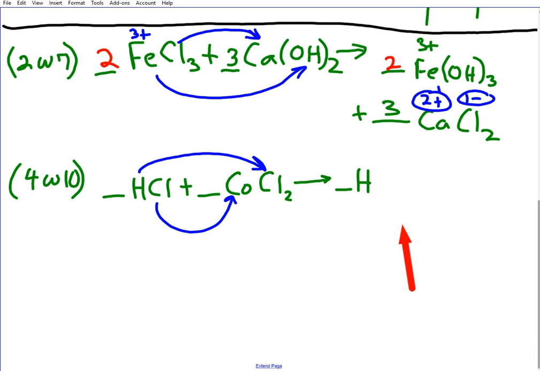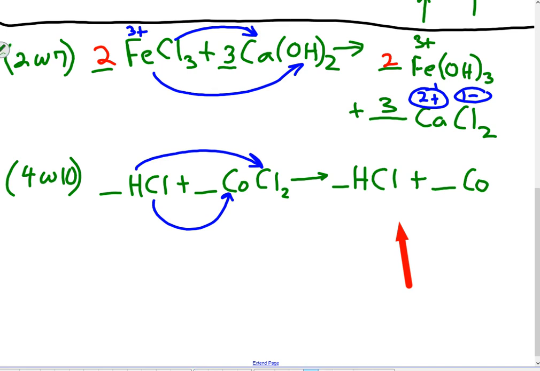Hydrogen goes with chlorine on the other side. And it also has a 1- charge. So that's going to fit there just fine. And now we do the second one. And instead of hydrogen, we're going to start with cobalt. And cobalt is going to get the chlorine from the other guy.